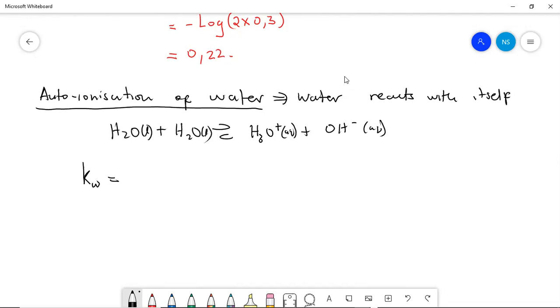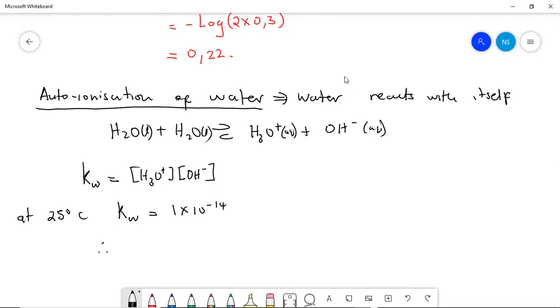So we're going to have our Kw as the concentration of hydronium times the concentration of OH minus. What you need to know is that this Kw at 25 degrees Celsius, which is room temperature, equals 1 times 10 to the power negative 14.